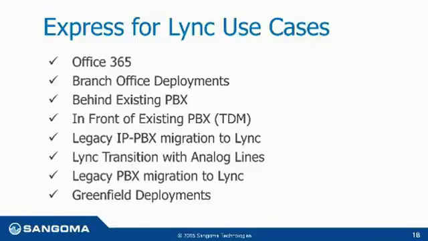There are multiple variants. I can be in front of the PBX, I can remove my IP PBX. There are a lot of companies that may go to Link but still have to keep a lot of analog lines, like colleges, for instance.